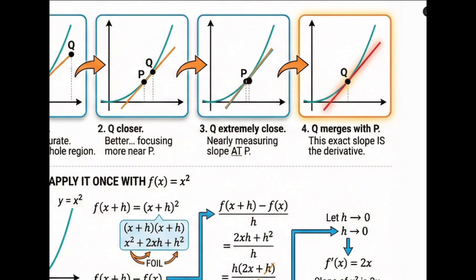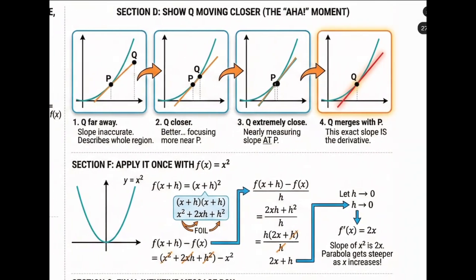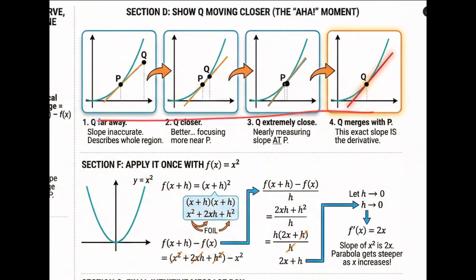So this idea, bringing Q close to P until they kind of overlap each other, is the foundation of differentiation. What is happening in this whole process is that we are shrinking the h. The h here is being shrunk.